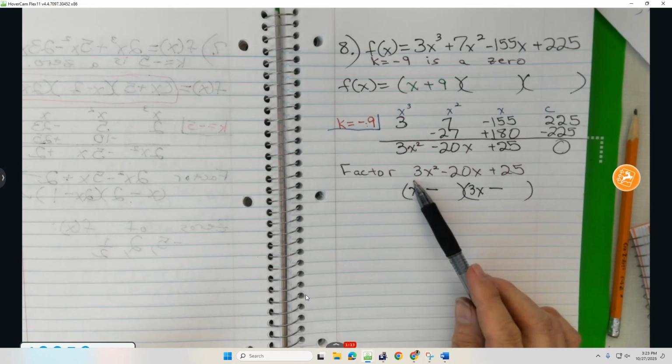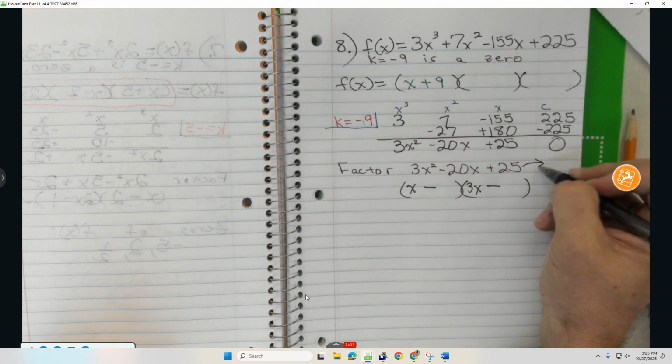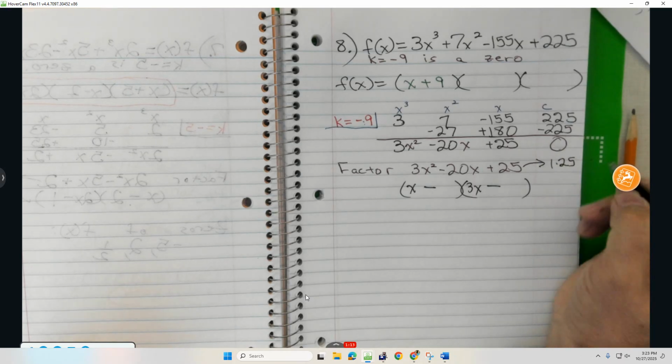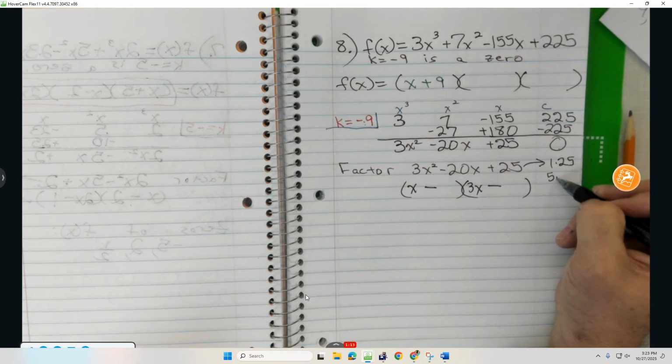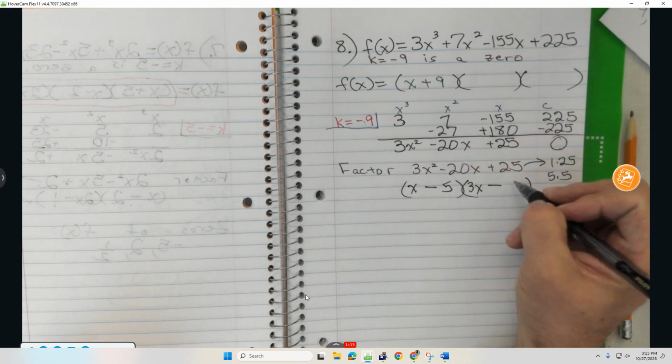So notice they're rigged to work out pretty nicely. What about 25? There's only 2 possibilities. 1 times 25 or 5 times 5. Which one do you want to try? 5 times 5, because you know that's the one that works.